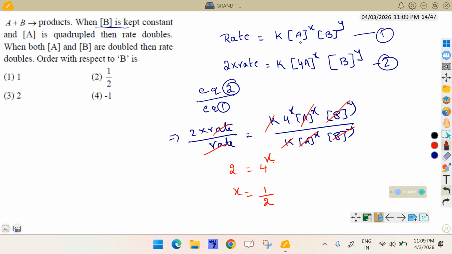With respect to A, the order of the reaction is 1 by 2.